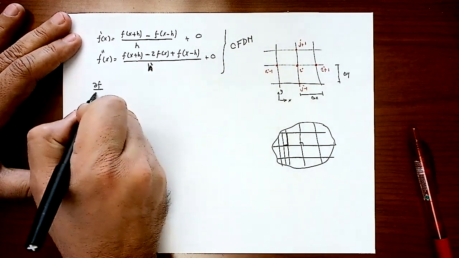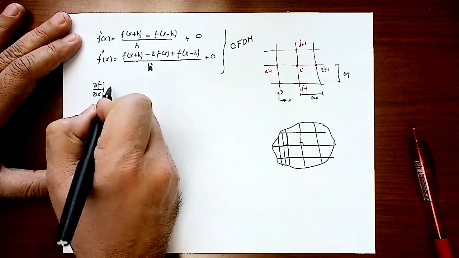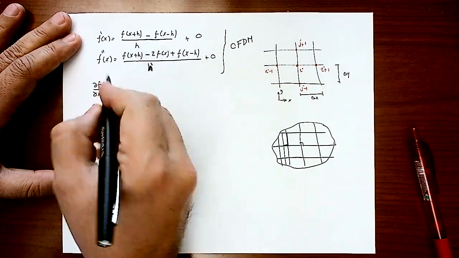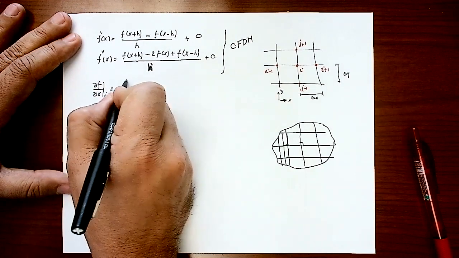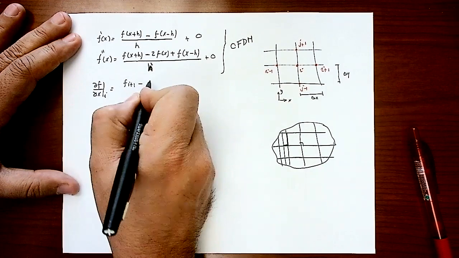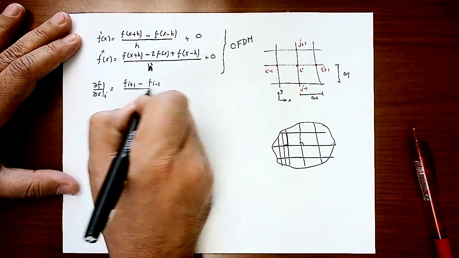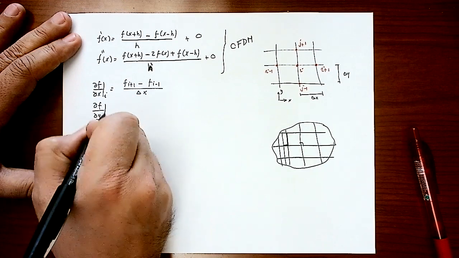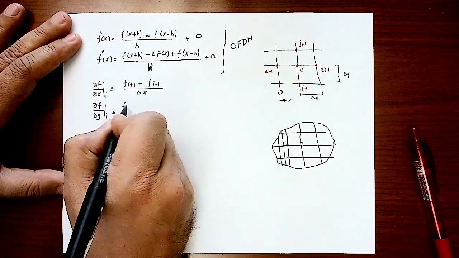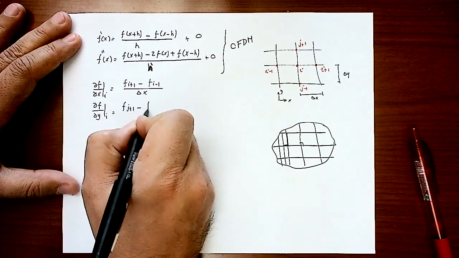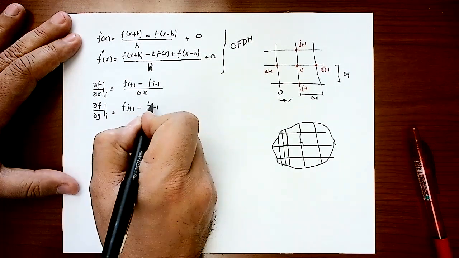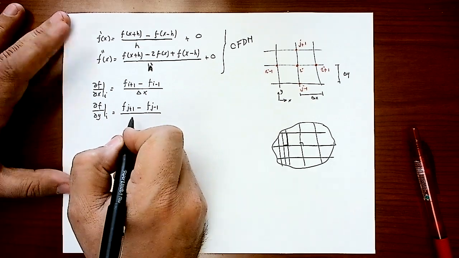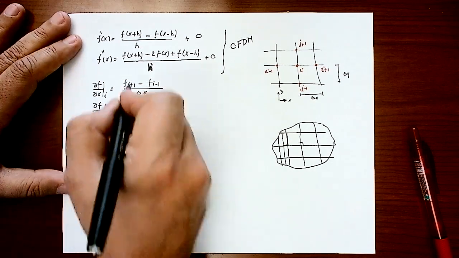Partial f by partial x at point I will be the forward minus the backward, divided by h. So the first derivative will be f of I plus 1 minus f of I minus 1, divided by delta x. If you want the first derivative in the y direction at point I, it will be f of j plus 1 minus f of j minus 1 divided by, no, actually, this has to be 2.